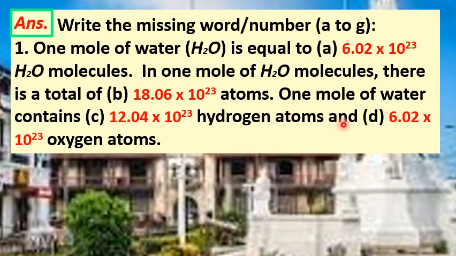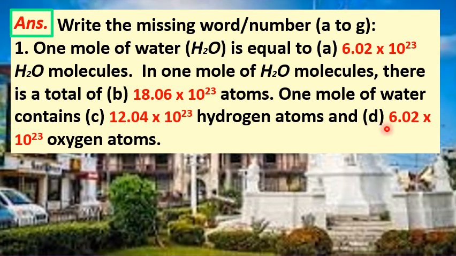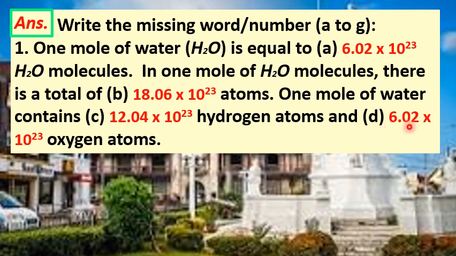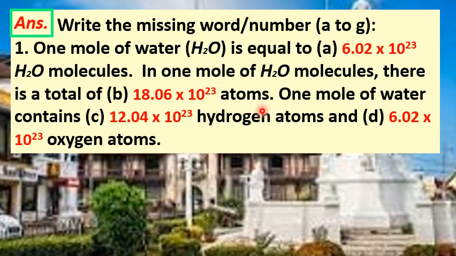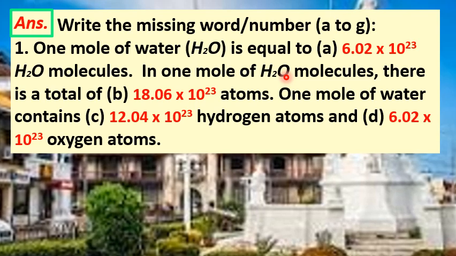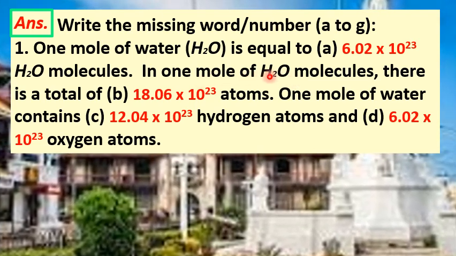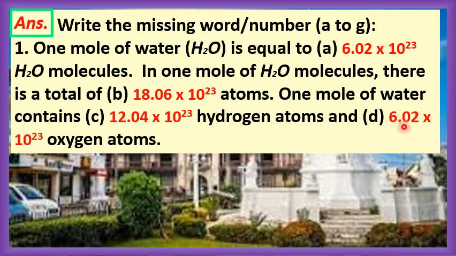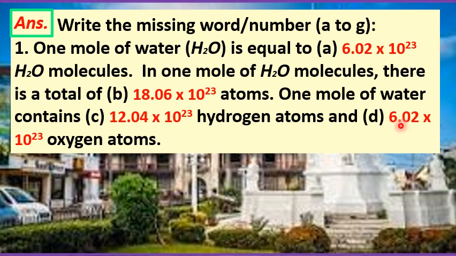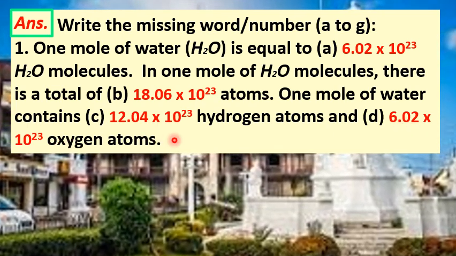And letter D, there are 6.02 times 10 to the 23rd oxygen atoms, because there is only one oxygen atom in 1 mole of water molecules. So that's exactly equal to Avogadro's number, 6.02 times 10 to the 23rd oxygen atoms.